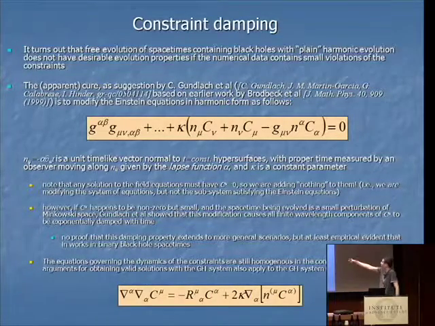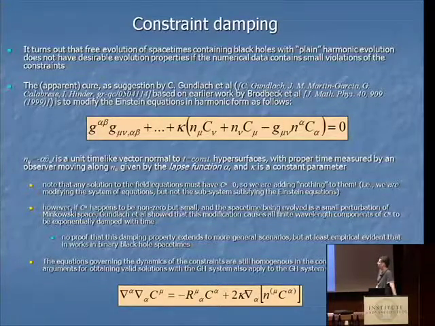I'm saying here the cure to this problem, an apparent cure, because there's no proof that it's going to work in general. And it probably won't work in all situations, but at least it does for black holes. This was suggested by Carsten Gundlach, based on work that he had done with the so-called Z4 formalism. Z4 looks very similar to harmonic, so he had done work with Z4, and that suggested it might work with harmonic.